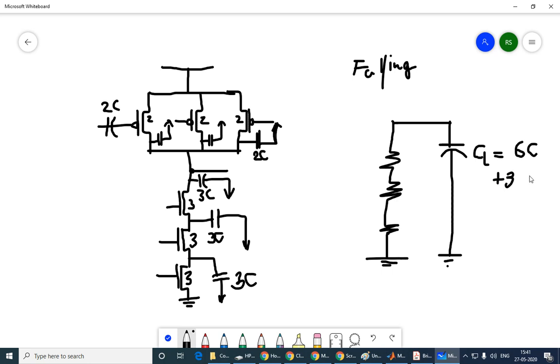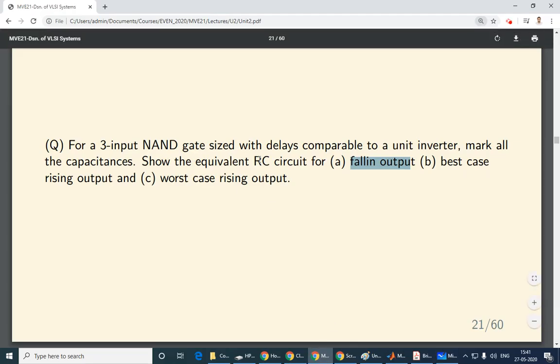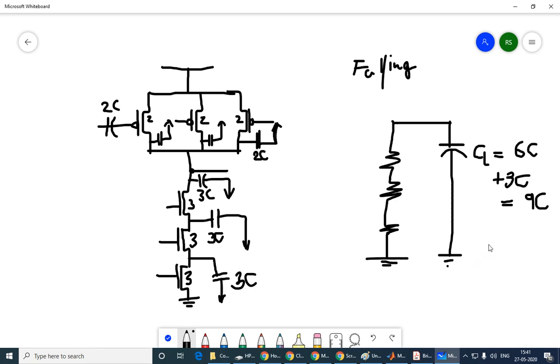So the total load capacitance in this case is 9C. And what is the question asking for? Show the equivalent RC circuit for falling output.